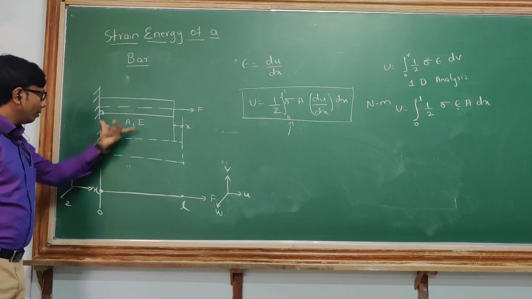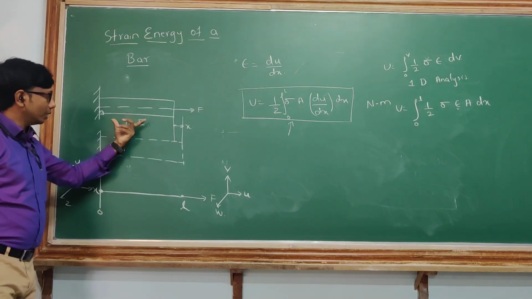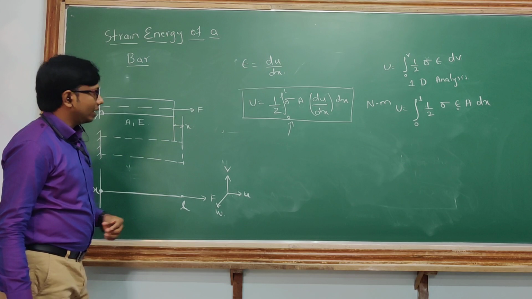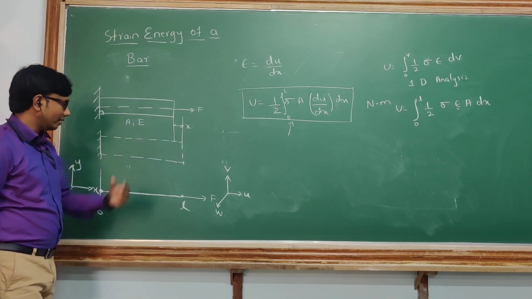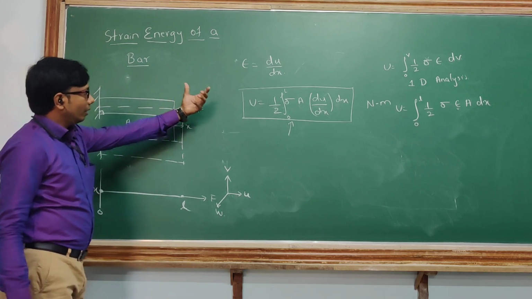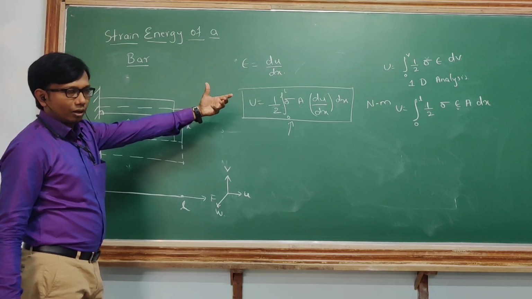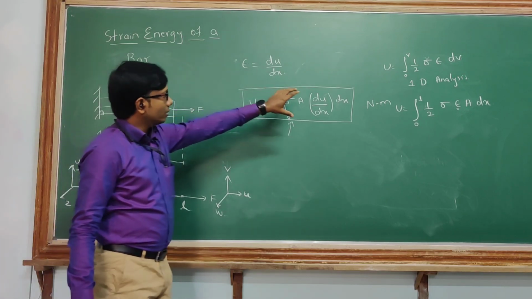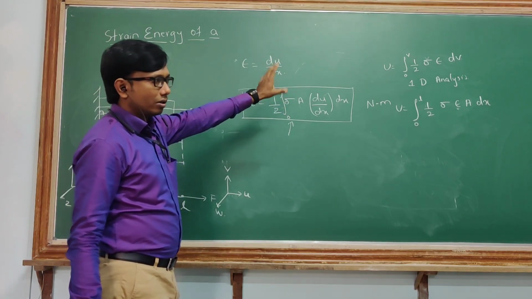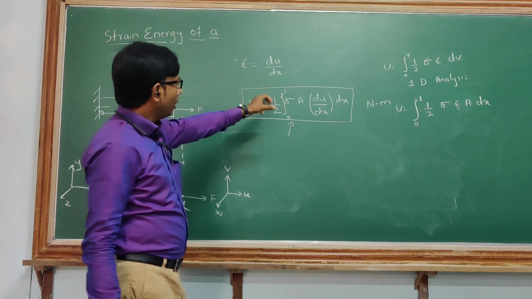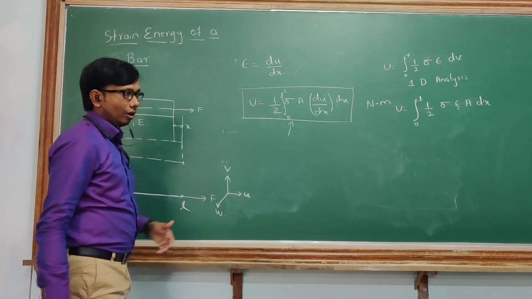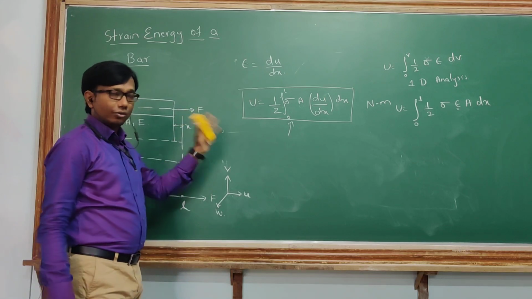What we have done: we have taken a bar element and subjected it to a load. There was a displacement which happened along the x direction. Then we plotted the stress strain curve within the elastic limit, where stress is directly proportional to strain, and through that equation we calculated the strain energy.